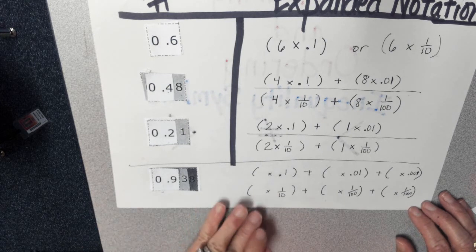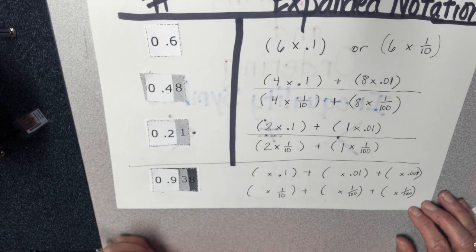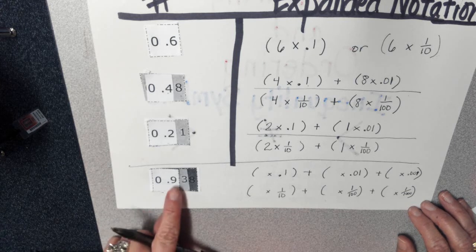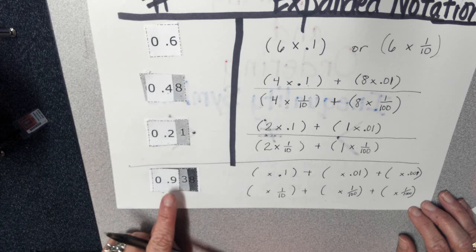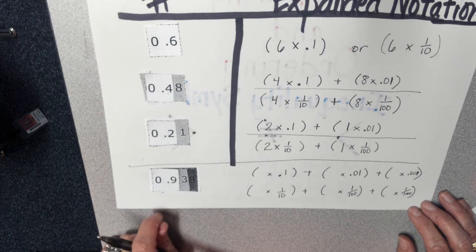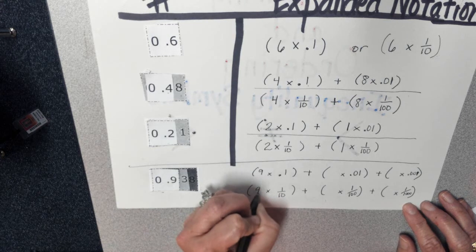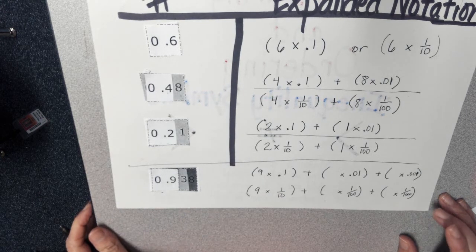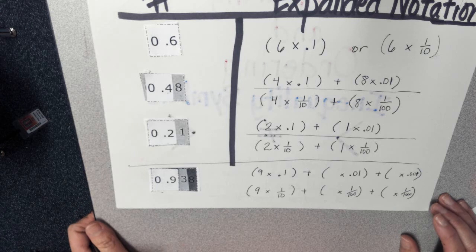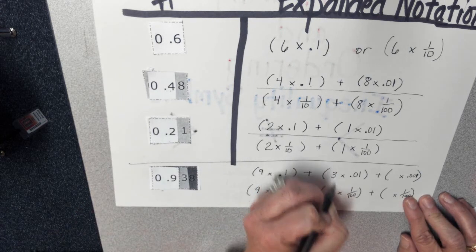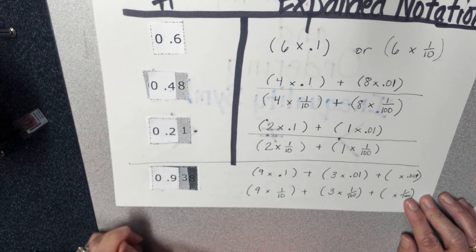What value is the number in the tenths place? Lila, what is the value of the number in the tenths place? 9. Simmons, what is the value of the number in the hundredths place? 3. And what is the value, Hunter, of the number in the thousandths place?